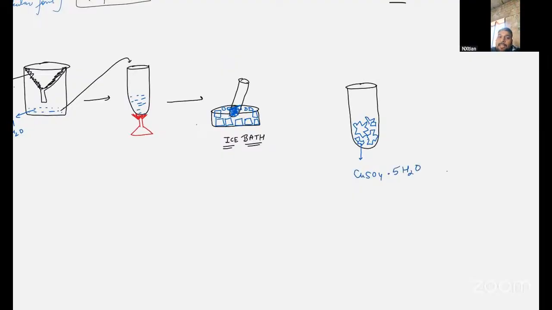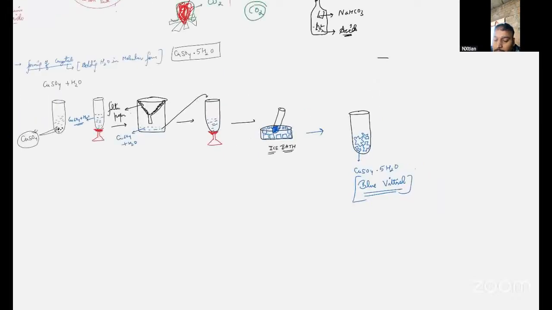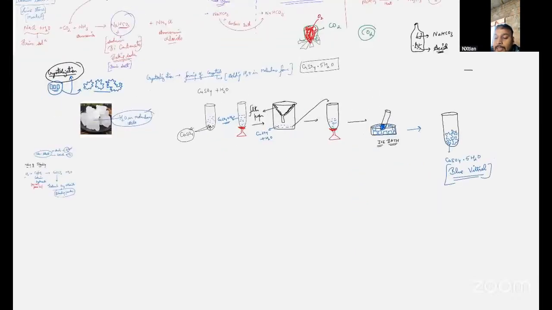It means that now the water is added in a molecular state. This is also called blue vitriol. So this is the process of crystallization.